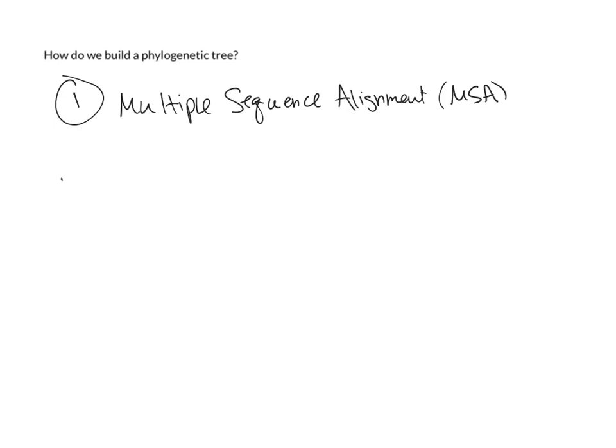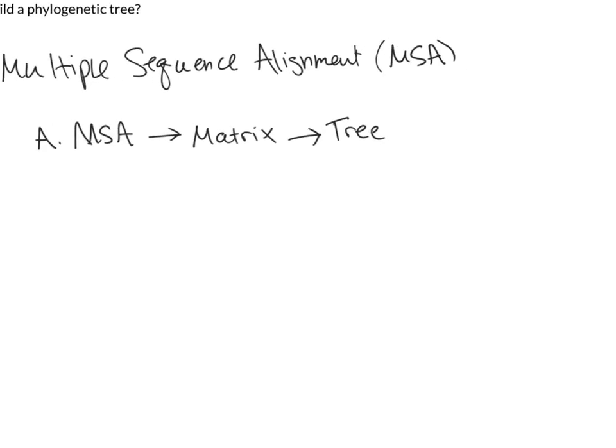After that, you're going to get some divergence. So on some of the methods we're going to talk about, you're going to start with this MSA, this alignment, and then you're going to build an alignment matrix. And from that matrix, you're going to have an algorithm that builds a tree. These here are called matrix methods.